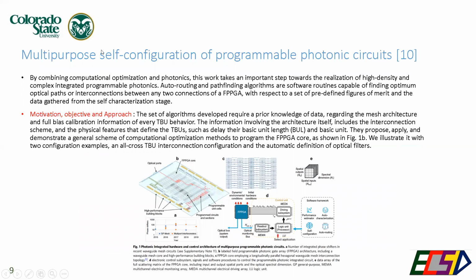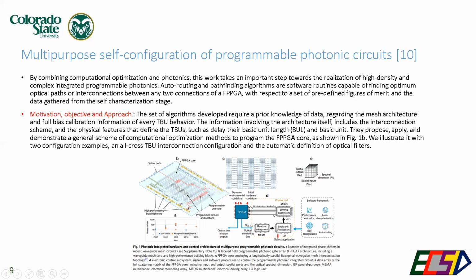In the next paper that we investigated, they proposed a multi-purpose self-configuration of programmable photonic circuits. In this kind of device, we use a logic unit or a processor to obtain the self-configuration, auto-routing, characterization, and the performance estimator.